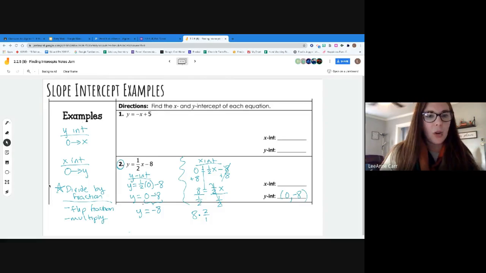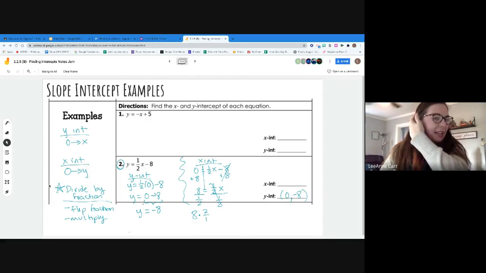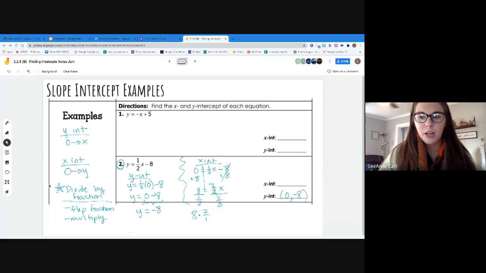And now ideally we want 2 fractions when we're multiplying. 8 is not a fraction, but we can make it into one. Does anybody remember how I make it into a fraction? Yeah, we throw a 1 under it. Oh my gosh, so many. Wow, yay.